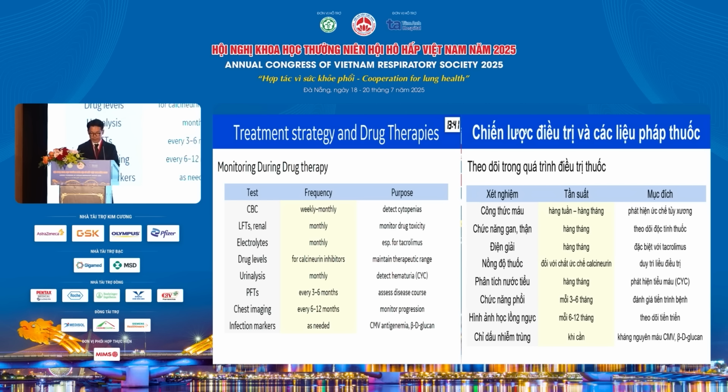Liver and kidney function is monitored monthly, and drug levels are monitored for certain inhibitors. Urinalysis is used to monitor for hemorrhagic cystitis associated with cyclophosphamide. Respiratory function tests are performed every 3 to 6 months, and chest imaging is performed every 6 to 12 months to assess fibrosis and respiratory status.